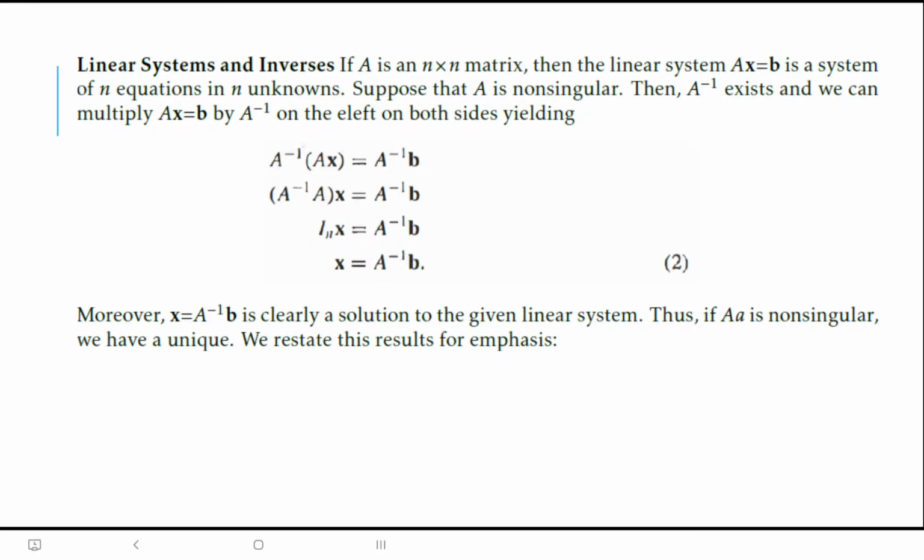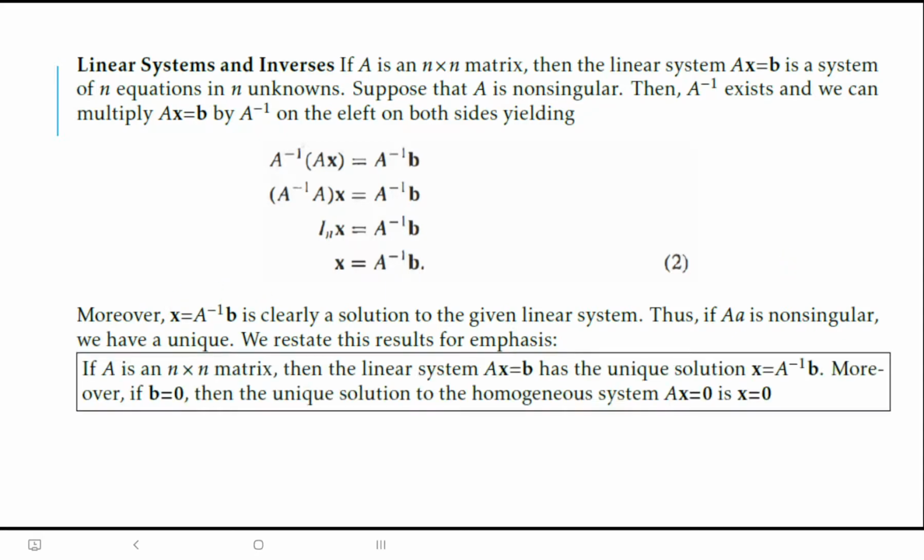Okay, so since X equal to A inverse B is a solution and alam natin na si A ay non-singular, yung inverse natin ay unique. Therefore, itong solution na makuha natin using this process is also unique or wala na tayong ibang makukuha na solution. We state this as the following, sabihin na lang natin na theorem din.